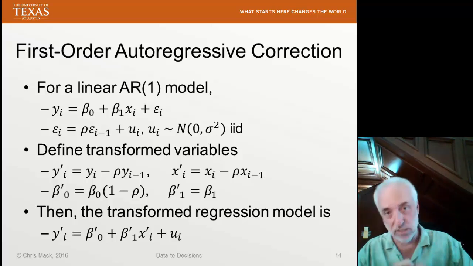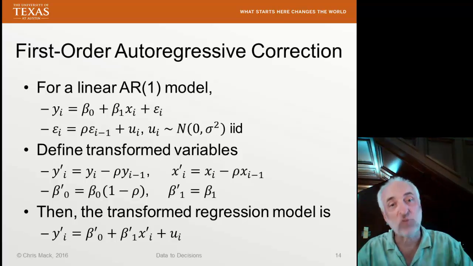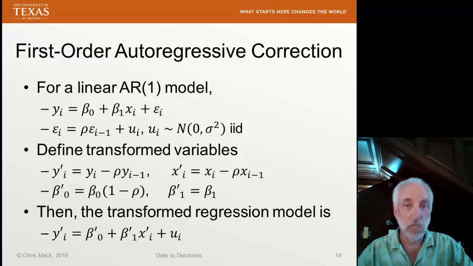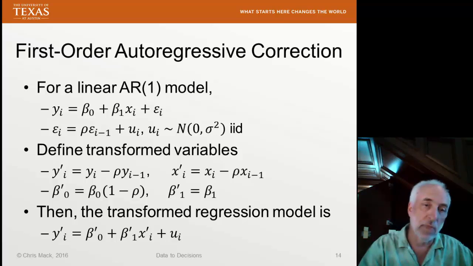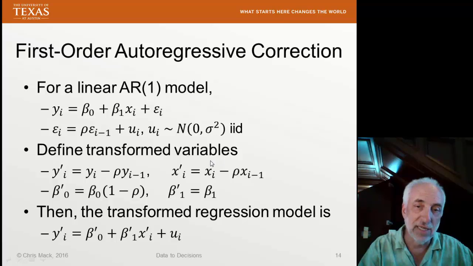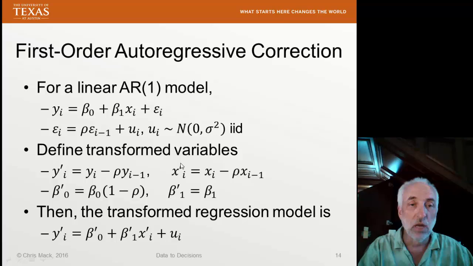We're going to eliminate the autocorrelation by transforming our variables. We're going to transform each of the variables x and y by subtracting off rho times the previous variable. So yi is the ith y data point, xi is the ith input variable x data, and I'm going to create transformed yi prime and transformed xi prime by taking yi and subtracting off rho times the previous yi.